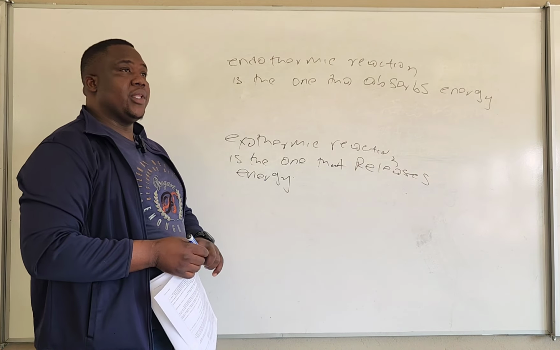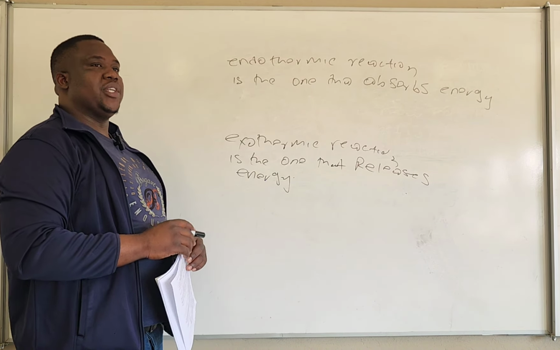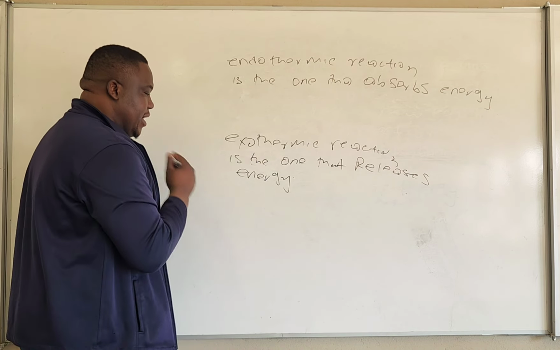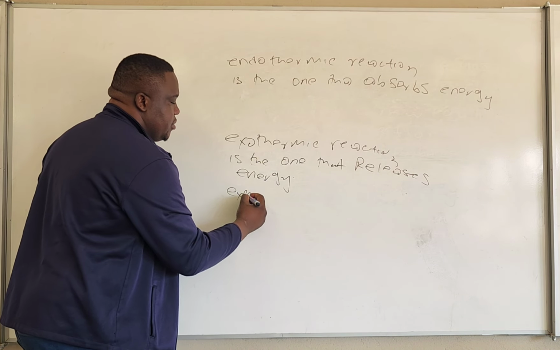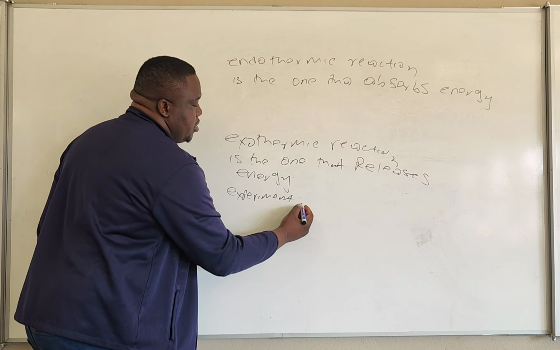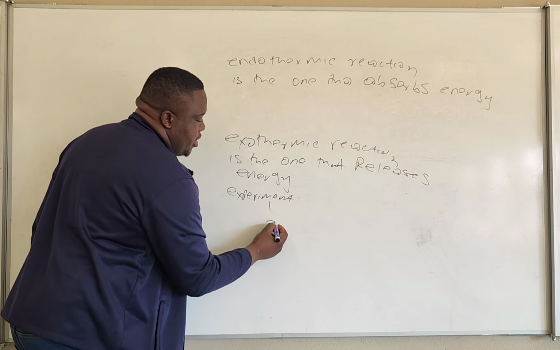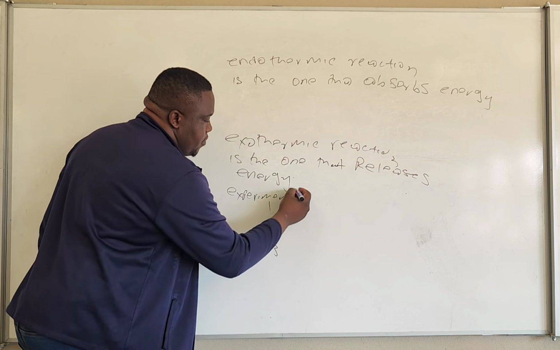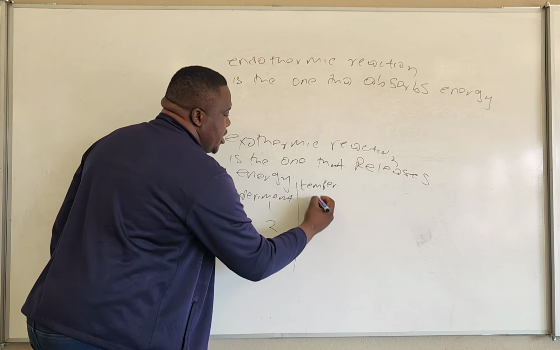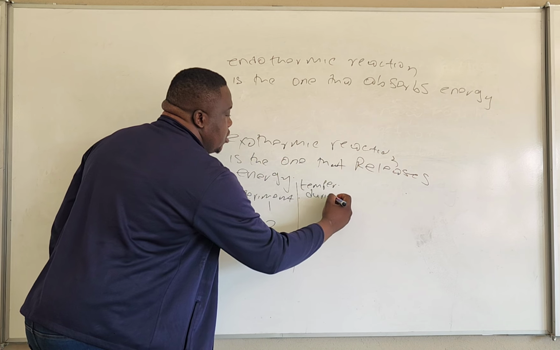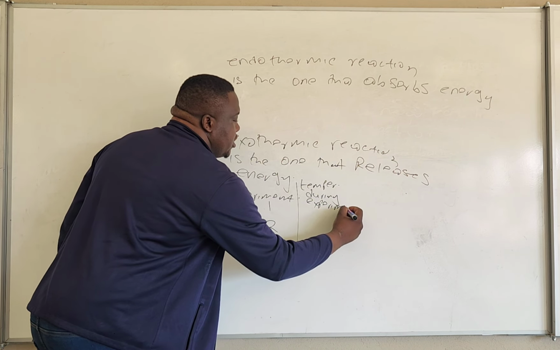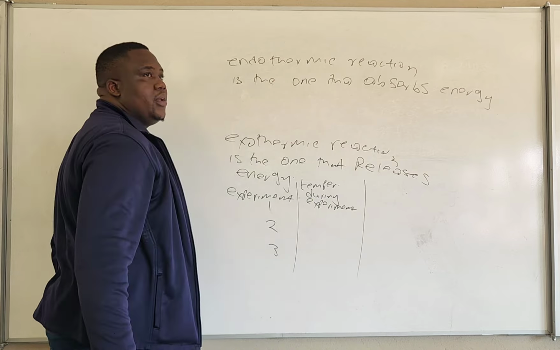And it is very important, especially when we are performing a reaction. You find that we are doing an experiment. Experiment 1, experiment 2, experiment 3. Then the temperature during experiment. You see, this is the temperature when we are performing the experiment.